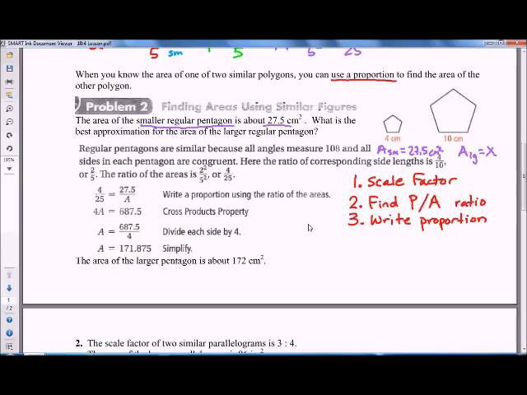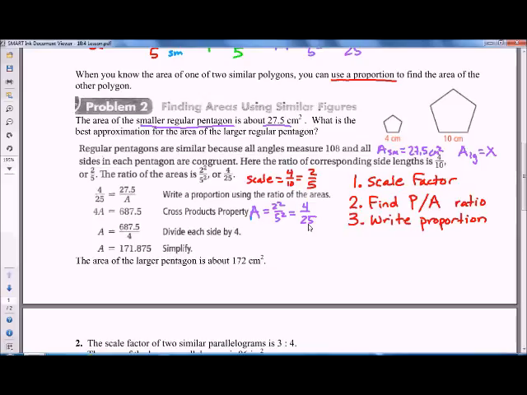So for these two figures, we look at our lengths and we find that the scale is 4 to 10 or 2 to 5. From that, we know that our area ratio is 2 squared over 5 squared, which is 4 to 25.